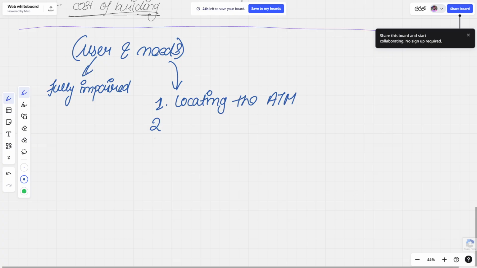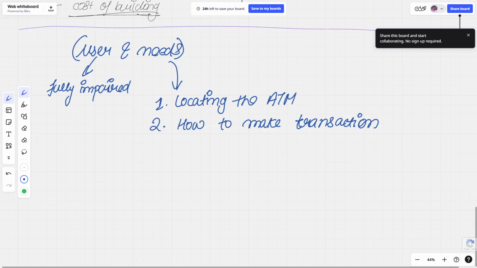Second could be, if they have already located the ATM, then the second pain point could be how to make a transaction, because different ATMs might have different systems which might help the impaired people.